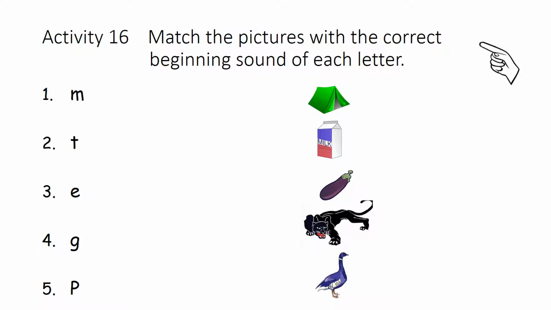Okay, let's do this activity. Match the pictures with the correct beginning sound of each letter. All you have to do is use your pointing finger and match them. Okay, start now. You can pause this video and be back after you've done.